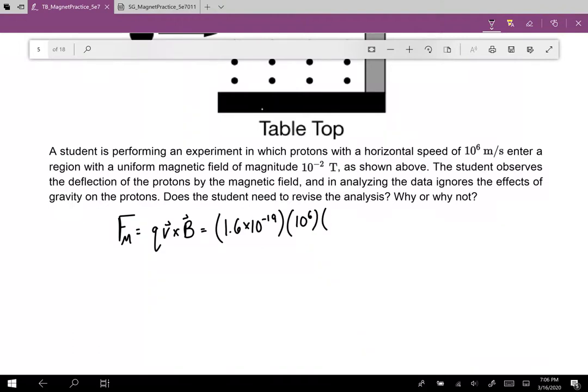And the magnetic field is 10 to the negative second. All right, so then when we plug that all in, we get a magnetic force of 1.6 times 10 to the negative 15th newtons. All right, so this is our magnetic force.